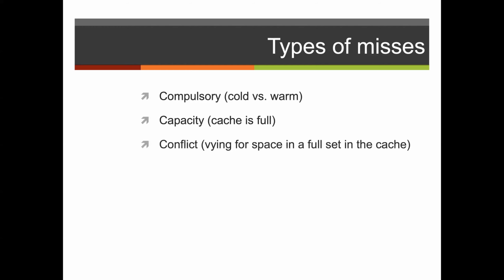We can also have capacity misses when the cache is full. We can have conflict misses when a block is vying for space in a full set in the cache. Compulsory misses are always going to be larger than capacity, which is always going to be larger than conflict misses.